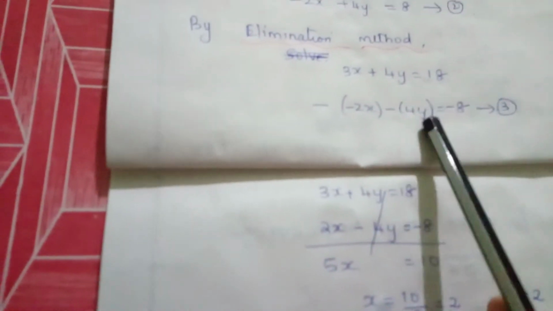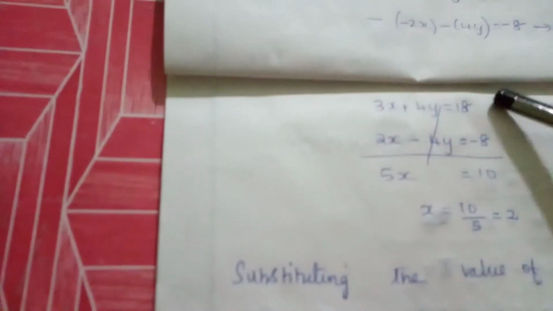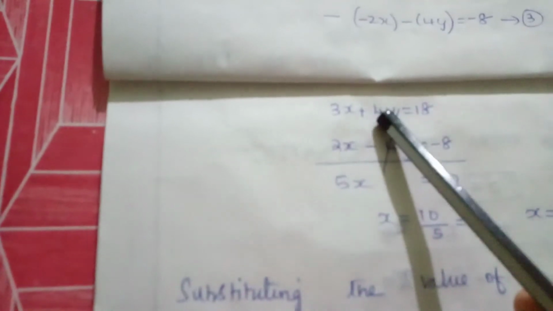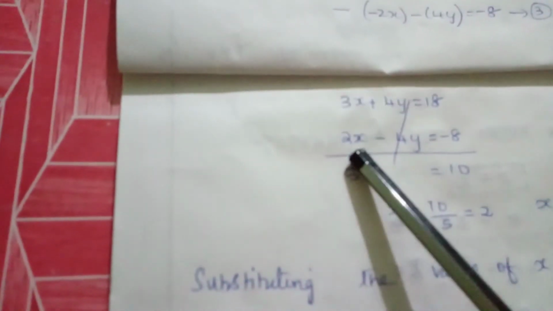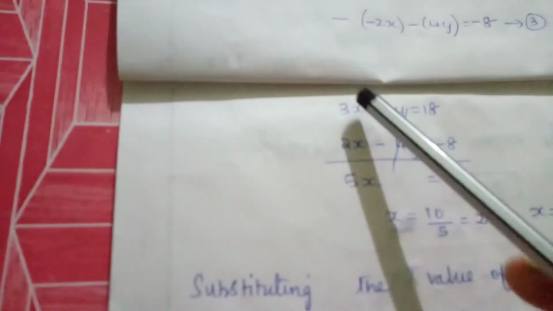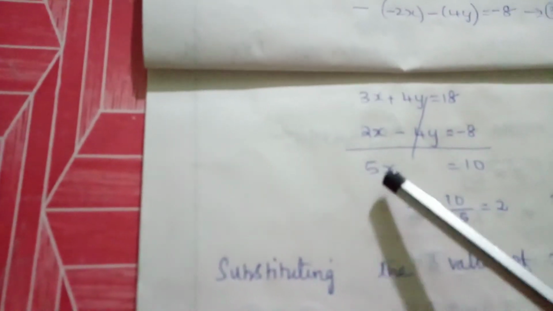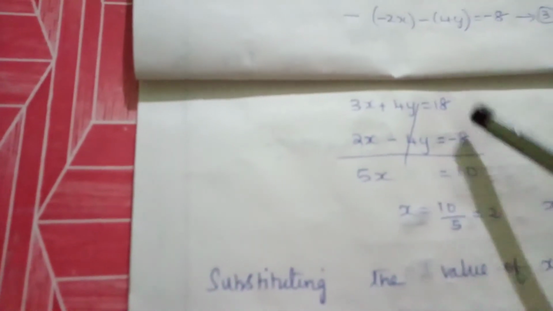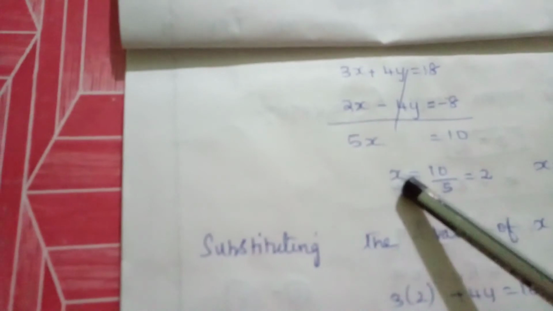That is 3x plus 4y equals 18, and minus of minus 2x minus 4y equals minus 8. Then adding together, 3x plus 2x equals 5x, and the y terms get cancelled. 18 minus 8 is 10. Then x equals 2.